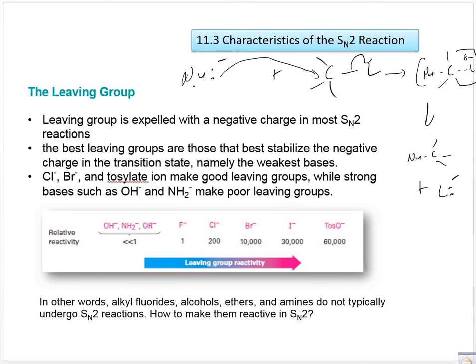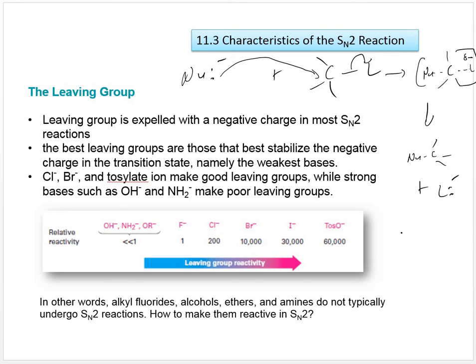We are keeping the nucleophile, solvent, everything the same. Only we are changing the leaving group and comparing. So this is the best leaving group because it reacts 60,000 times faster than this one. So why is this the best leaving group? Why are these the worst leaving groups?